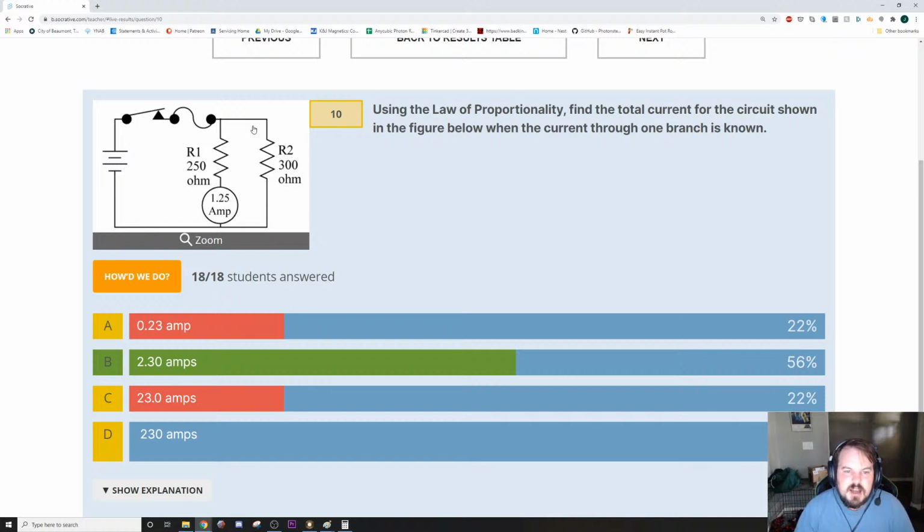So the total is going to be higher than 1.25, but not beyond 2.5, because that's twice 1.25. It can't be above 2.5 and it can't be lower than 1.25. So there's only one option that fits that answer.